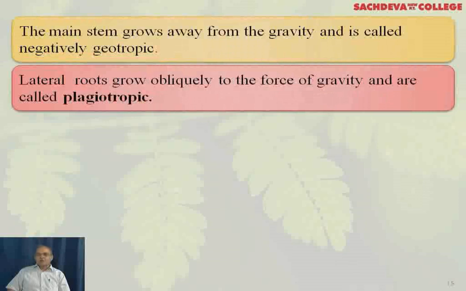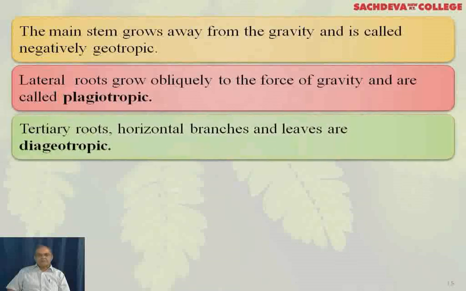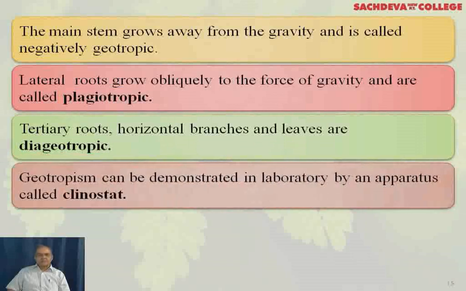Lateral roots grow obliquely to the force of gravity and are called plagiotropic. Tertiary roots, horizontal branches and leaves are diageotropic. Geotropism can be demonstrated in the laboratory by an apparatus called klinostat.